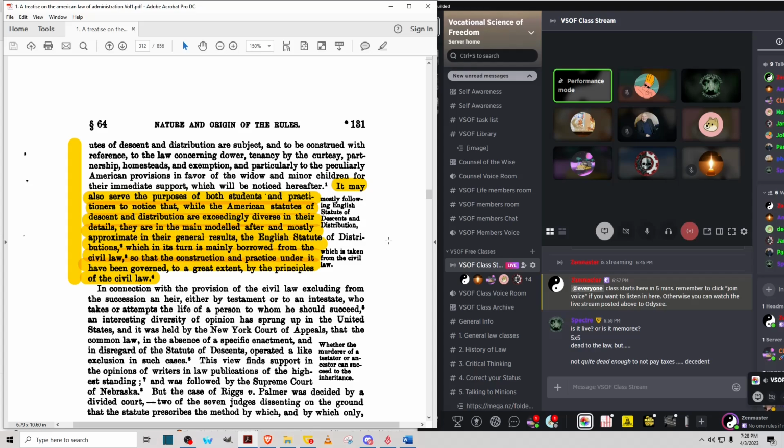So basically, what does that say? It says that we're still being controlled in certain aspects by English statutes, particularly the English statute of distribution. And what is that? They're telling you it's Roman civil law, right? But because we adopted it here, many of these English statutes are still in full force and effect, right?